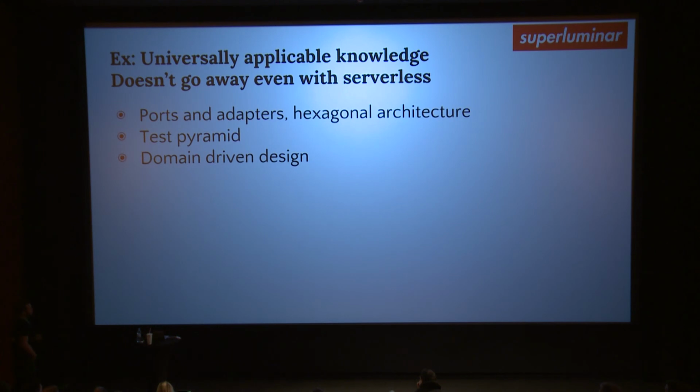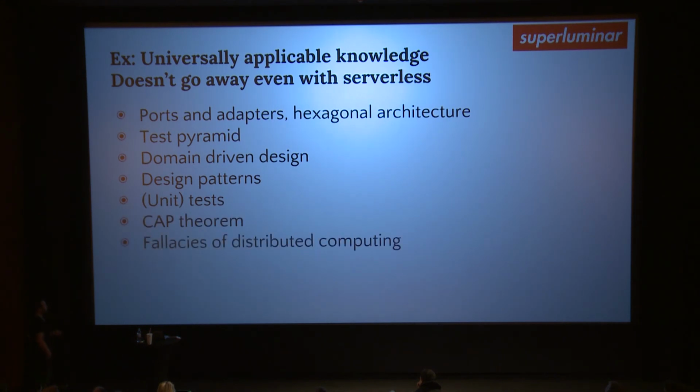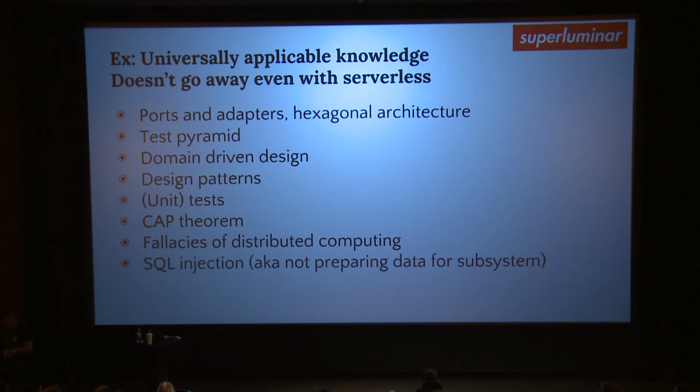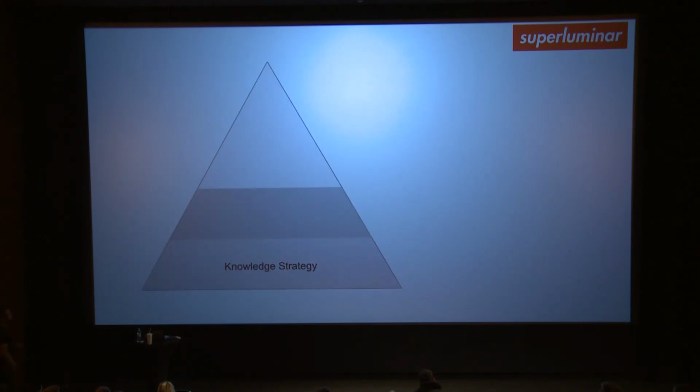Domain-driven design, software architecture, design patterns, unit tests, CAP theorem, fallacies of distributed computing. The fallacies of distributed computing are now more important than ever. And also SQL injection doesn't go away, and so on.